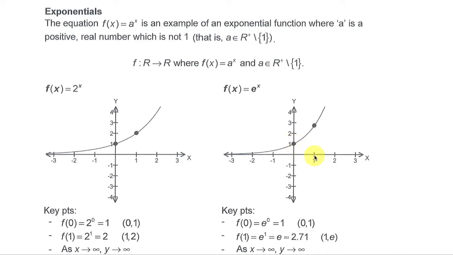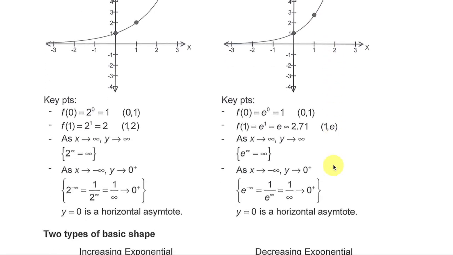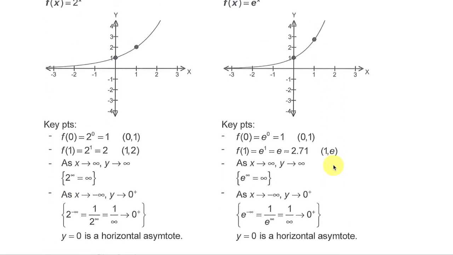But when x is equal to 1, I'm going to have e to the power of 1, which is just e. And as I said before, that's approximately equal to 2.71, so that's why it's shown there. Please note, at no stage do these exponentials hit the x-axis, so we have a horizontal asymptote at y equaling 0.